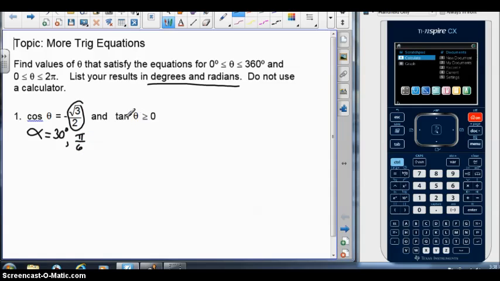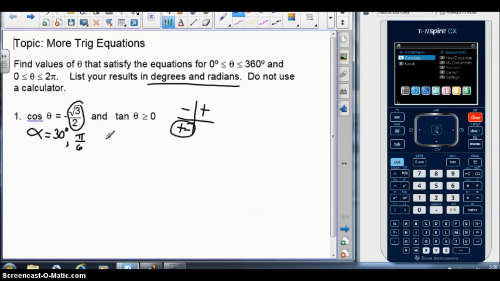Then it says tangent has to be greater than or equal to 0. So basically tangent has to be positive. We know that happens in the first and the fourth quadrant. Cosine is negative in the second and third quadrant. So the only possibility to satisfy both of these conditions is the third quadrant.